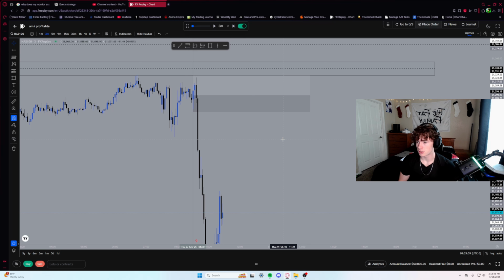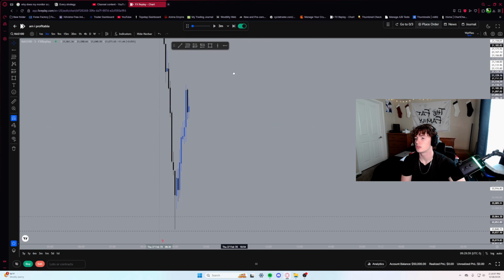But if it reacts twice, then it's valid. It might make sense there. I want to see, because we retraced to it once, and we didn't retrace to it twice. I want to see if that works.